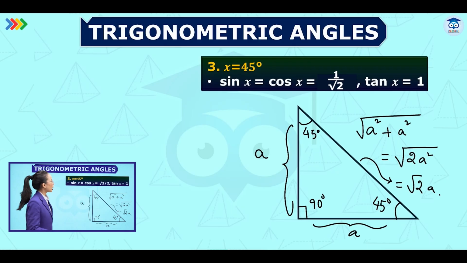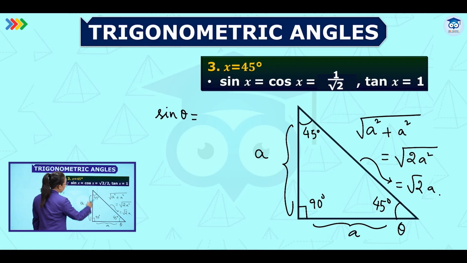So knowing this, we can define for this particular theta. Theta you can take any; this is also 45. Suppose we are taking this as theta. So sine theta is opposite, which is our A, and the hypotenuse is root 2 A. So that is 1 upon root 2.